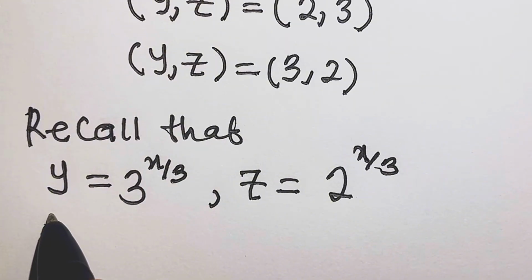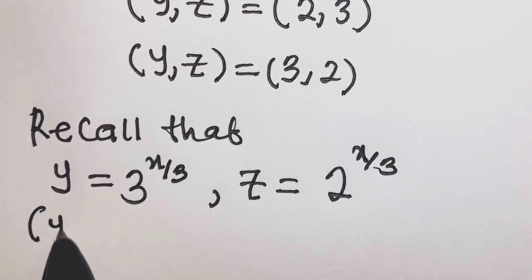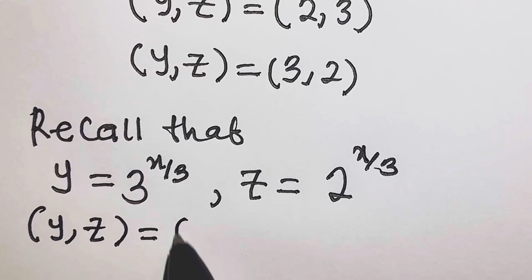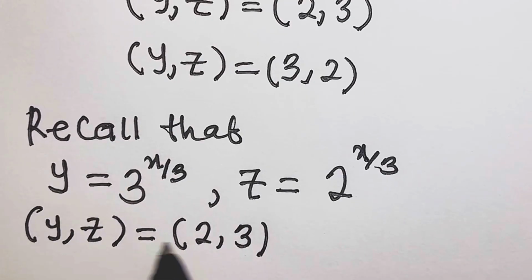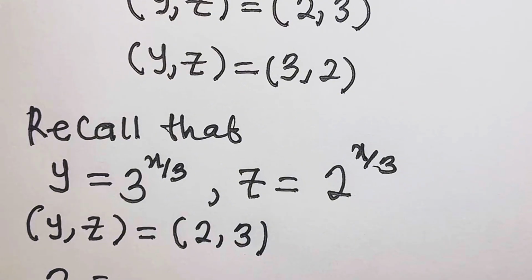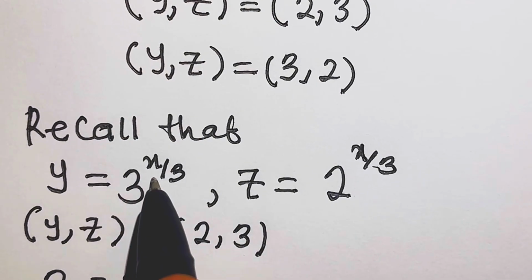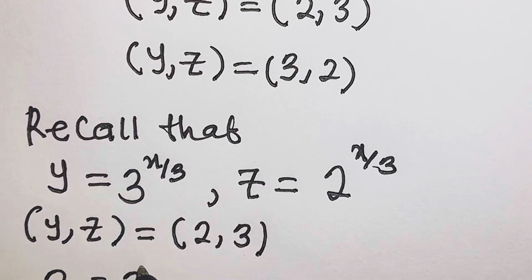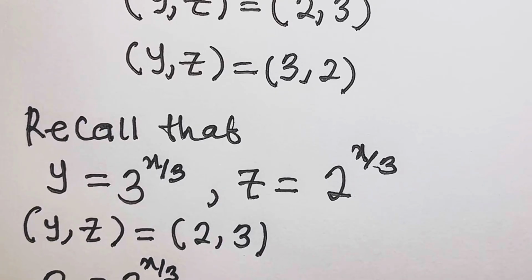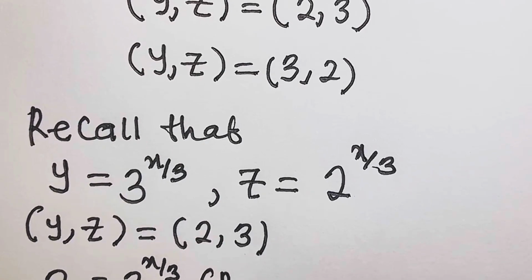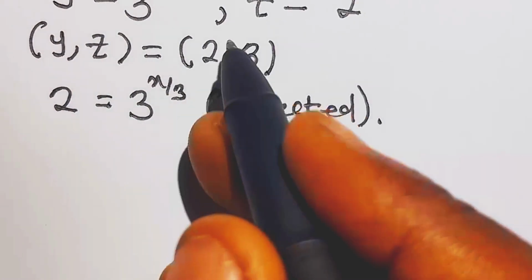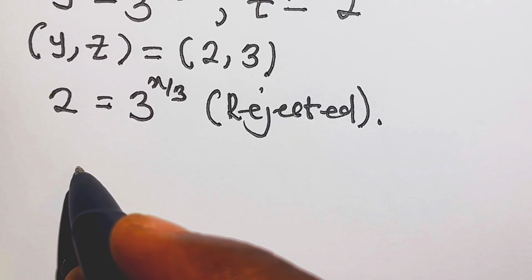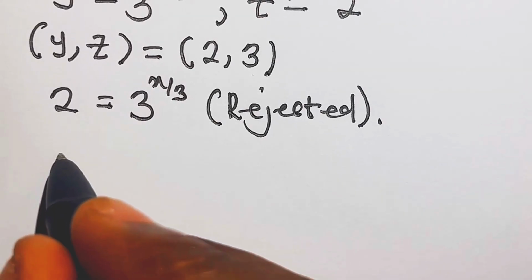So for our pair y comma z equals 2 comma 3, we will have y equals 2, and we have 3 equals x, what's our x? So you see that there's no way, we have to reject this because this equation is impossible, so rejected.